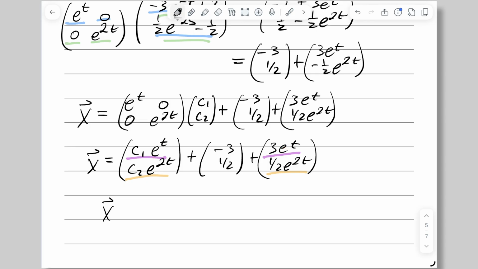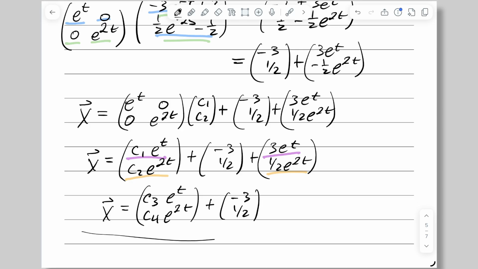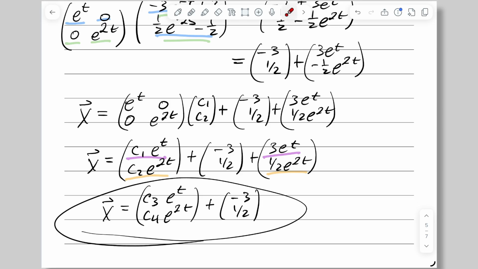So I'm going to relabel our constants C3 e to the t and C4 e to the 2t. Add to that our x sub p, negative 3, 1 half. And that's our solution. We've eliminated the redundancies by letting the constants absorb the 3 and the 1 half.